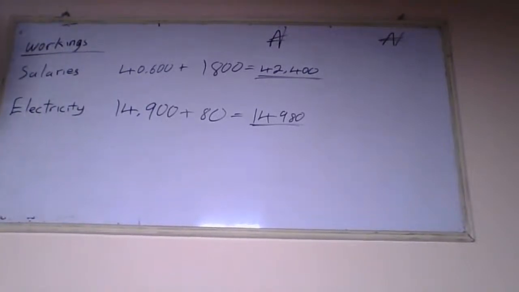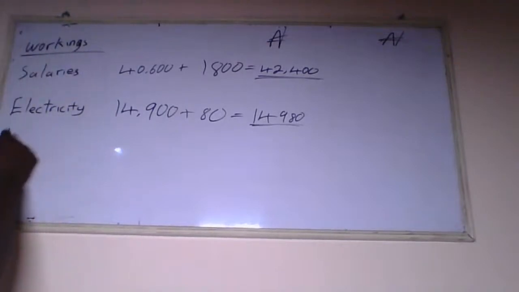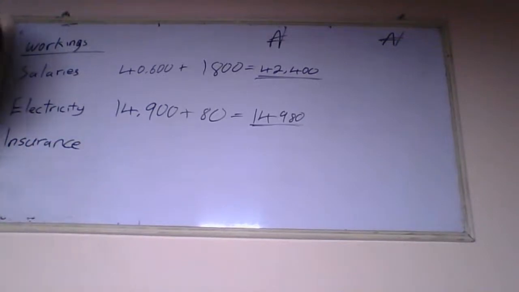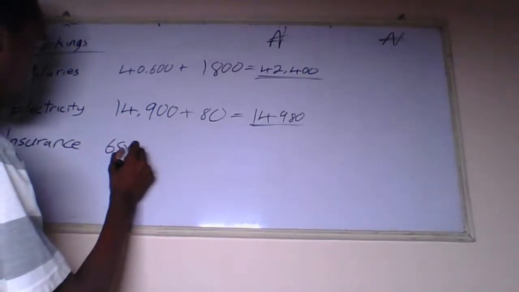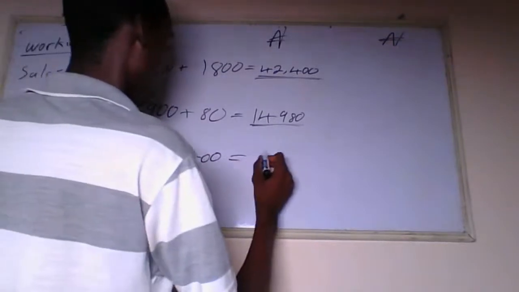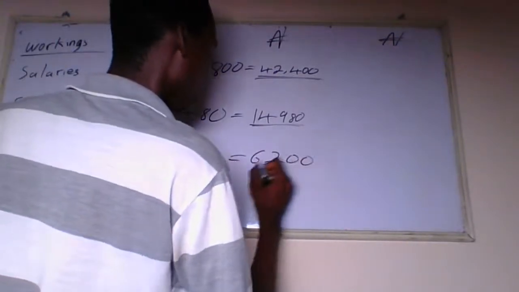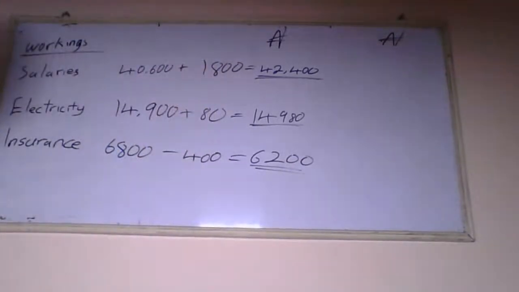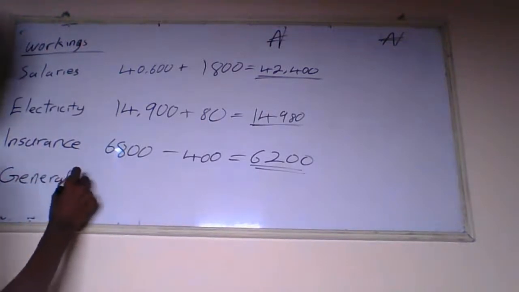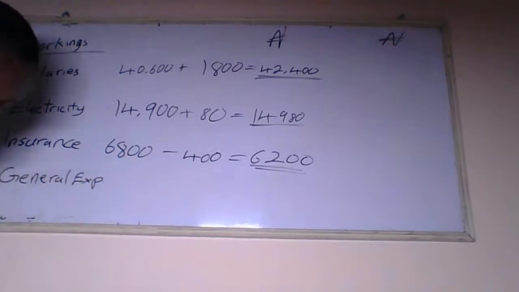Now, when we talk prepaid, you're going to deduct the amount. So let's start with insurance. And next, we have general expenses.